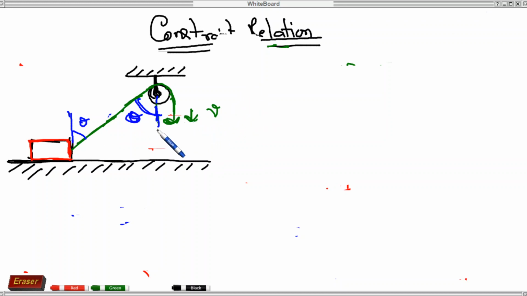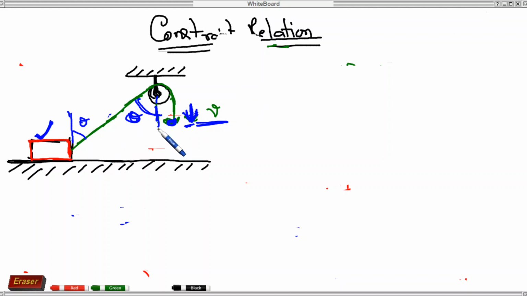At some point of time of this motion, this string is moving down with velocity v. Here you can see the arrow, it's down. So it's moving down with velocity v. So what would be the velocity of this block?